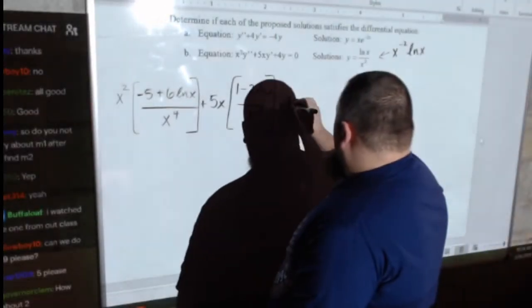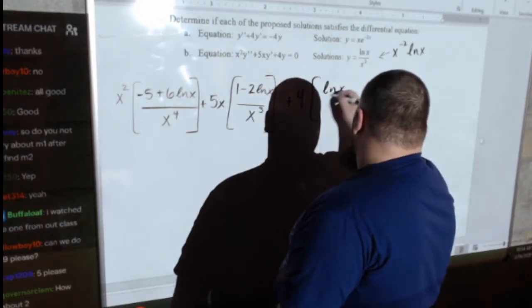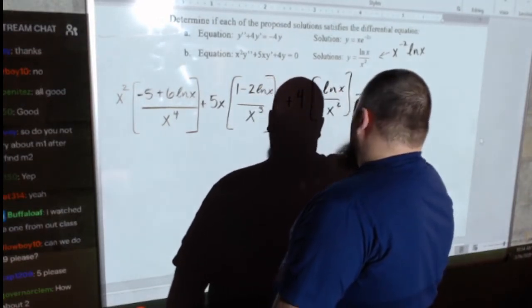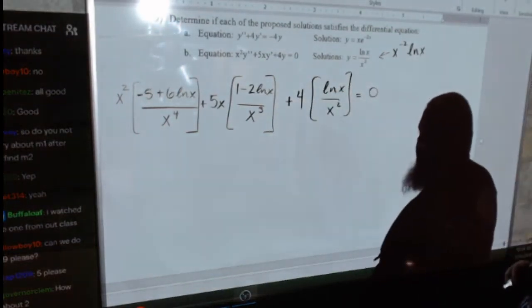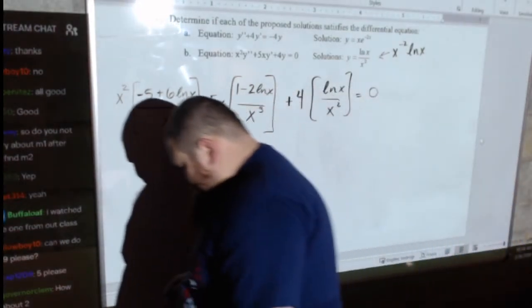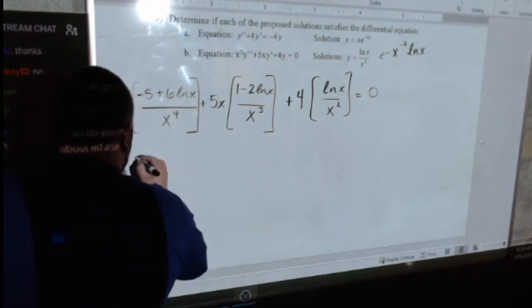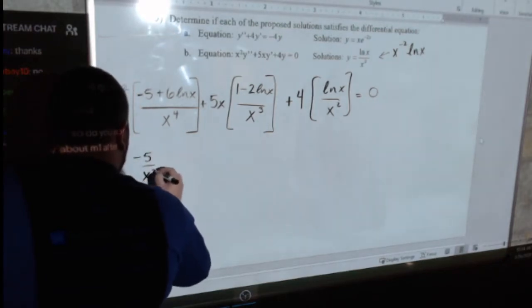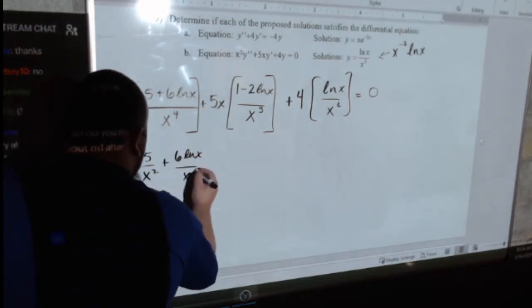Alright. Plus 4 times y, which was natural log of x over x squared. And we've got to prove this is 0. So this looks to be somewhat of a task. Let's go to town. X squared over x to the fourth, that's x squared in the denominator. So I have minus 5 over x squared plus 6 log x over x squared.